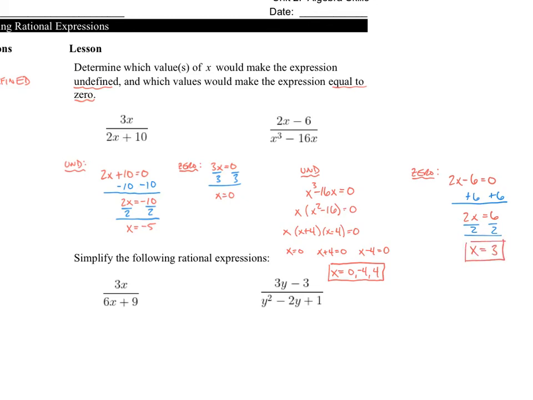So in this particular fraction, the expression would be undefined if x were any of these values. Any of those would make the denominator be 0. The numerator would be 0, however, if x were 3. So we've got all these values that would give us unique situations in dealing with that particular expression.